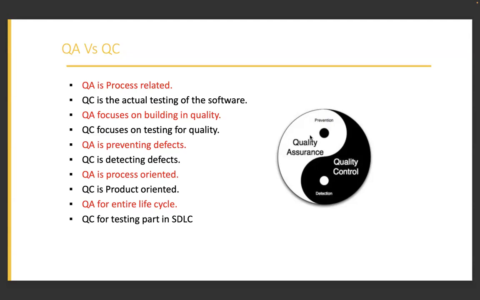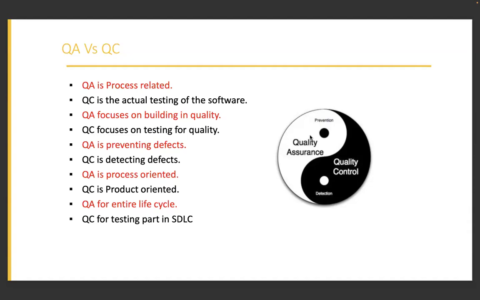Okay. So QA is process related, QC is the testing of the software. QA focuses on building in quality, whereas QC focuses on testing for the quality. Like you will actually validate the software. QA is preventive, or second, QC is detective logic, right? Process and product. Okay, so QA is purely like you will follow some process in creating docs and everything, but QC is product oriented.